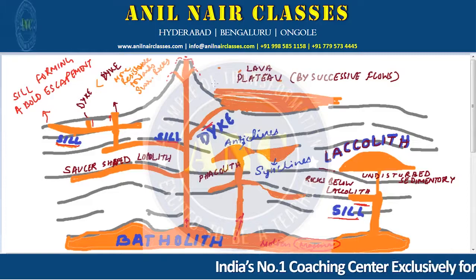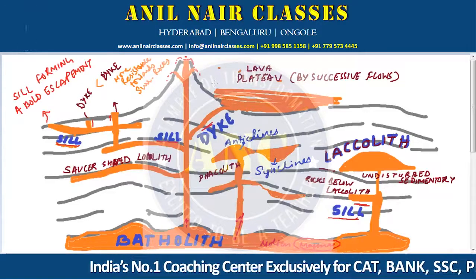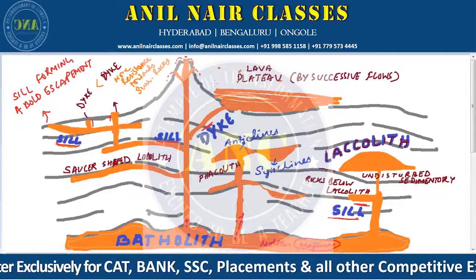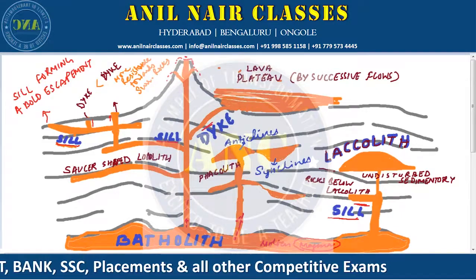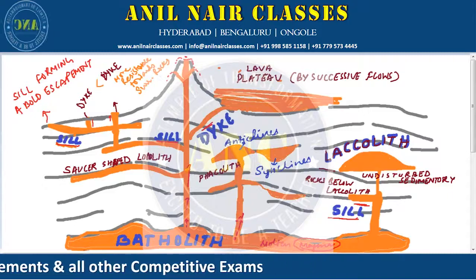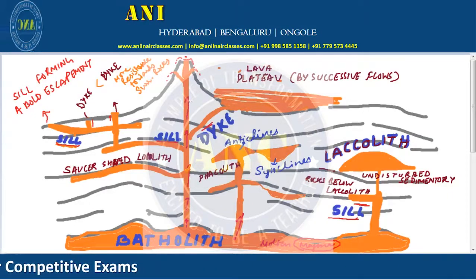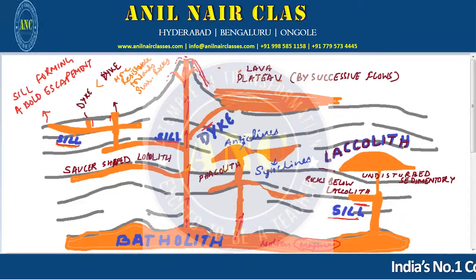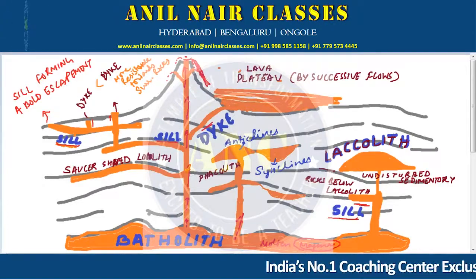Magma, while thrusting its way up to the surface, may cool and solidify within the crust. Correct or not? After the magma comes out to the surface, after some time what will happen? It will start cooling.